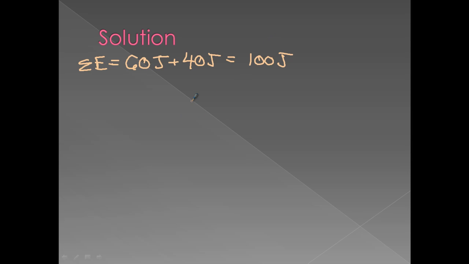Alright, so if this adds up to 100, then 60% of it is PE, and 40% is KE.